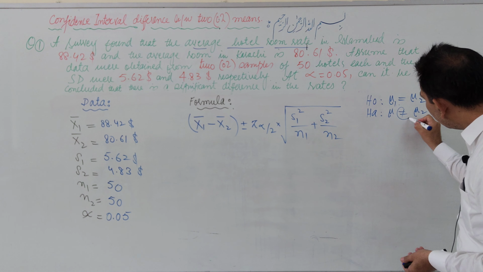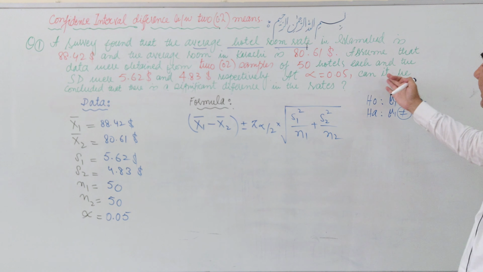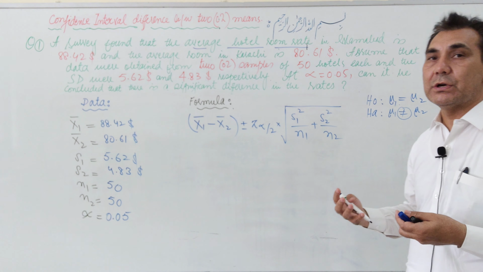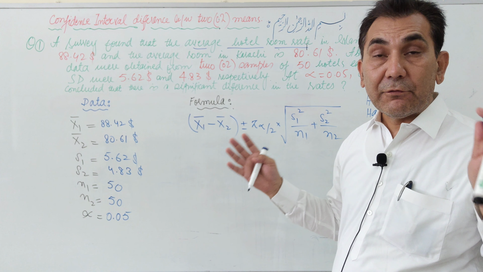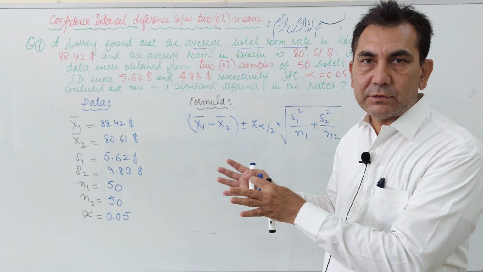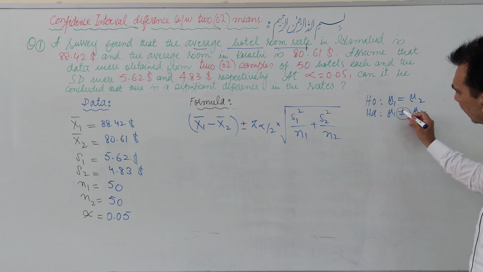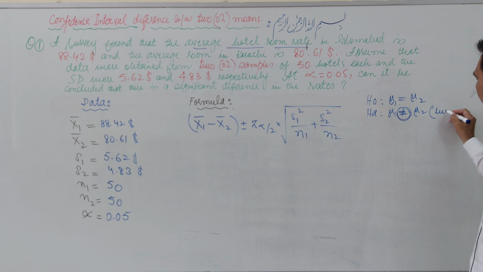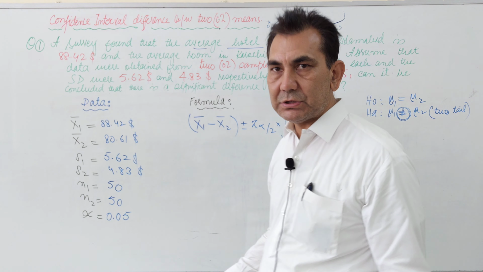It means there is a significant difference, which is what the researcher is asking in the research question: that there is a difference between the room rate of Islamabad and Karachi. So the alternate hypothesis is not equal to, which means it is two-tail. It is a two-tail hypothesis and a non-directional hypothesis.